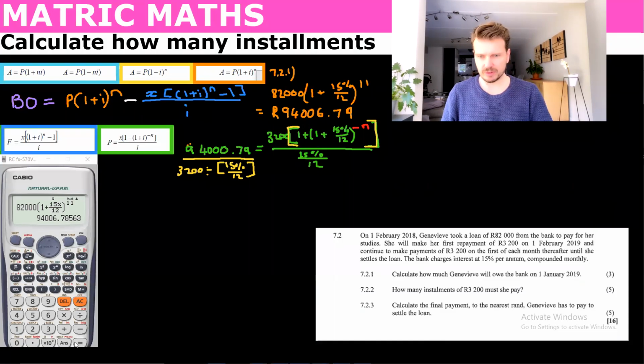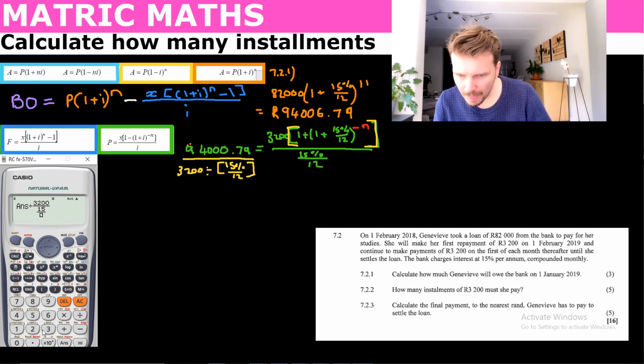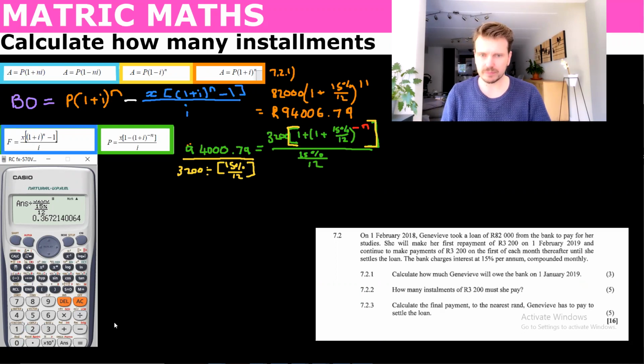And so we've got that divided by the 3,200 over the 15% over 12. And we get 0,3672.